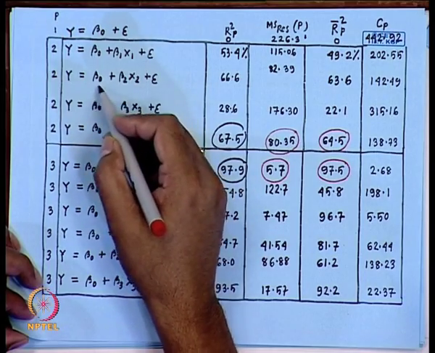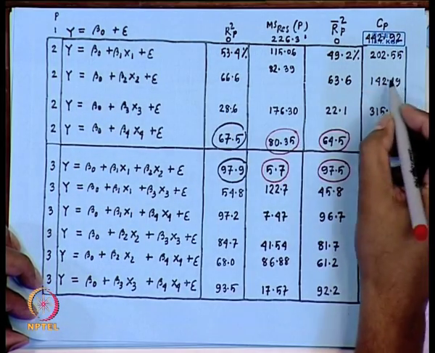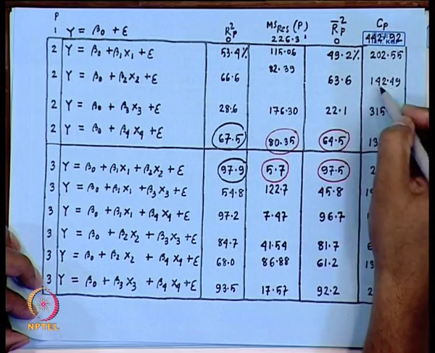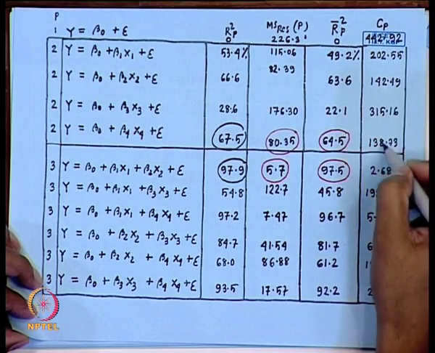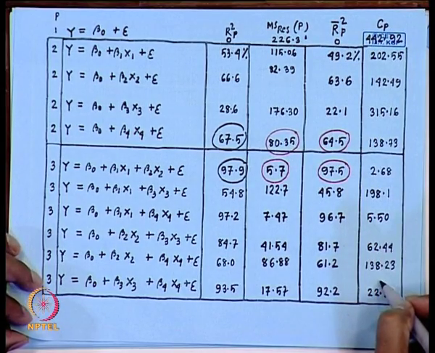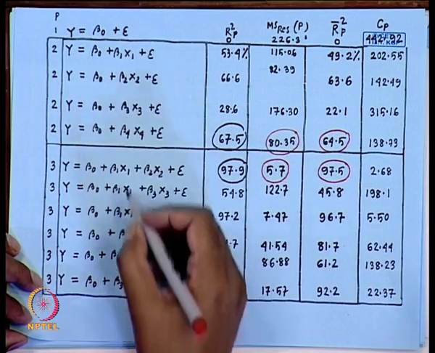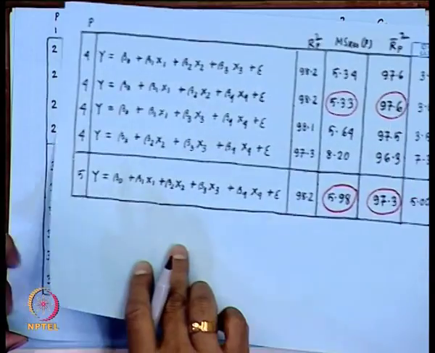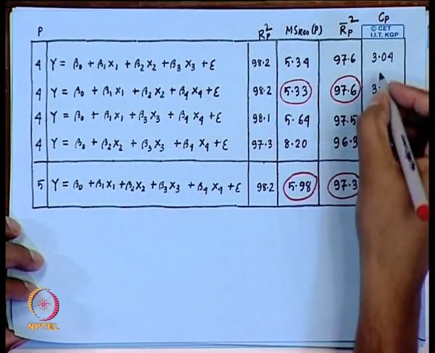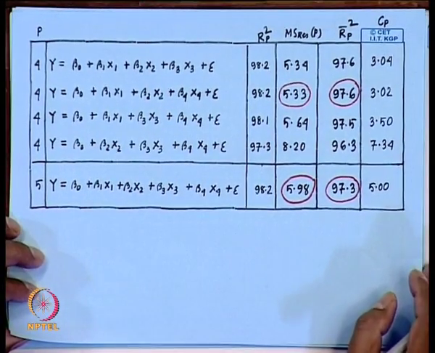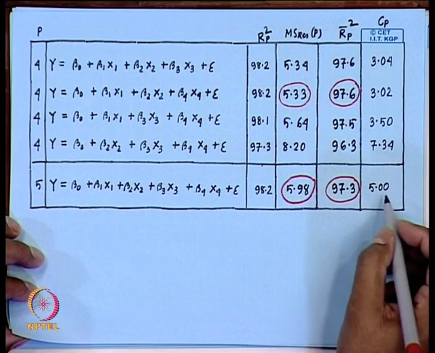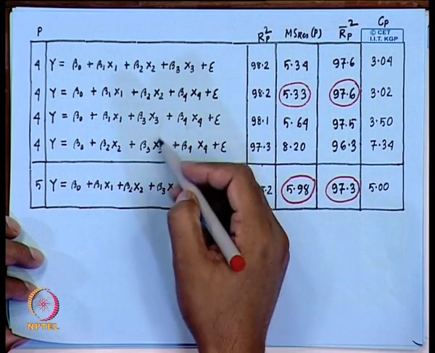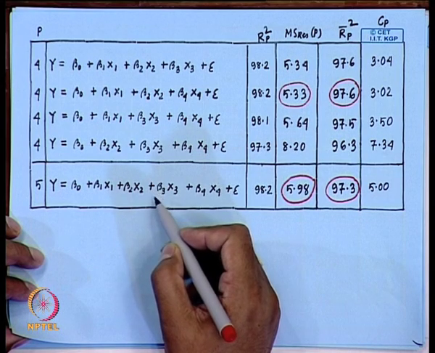Similarly, you get the ANOVA table for the second model and compute the Cp value. So, these are the Cp values for the models involving 1 regressor and 2 regressors, and these are the Cp values for the models involving 3 regressors and 4 regressors.